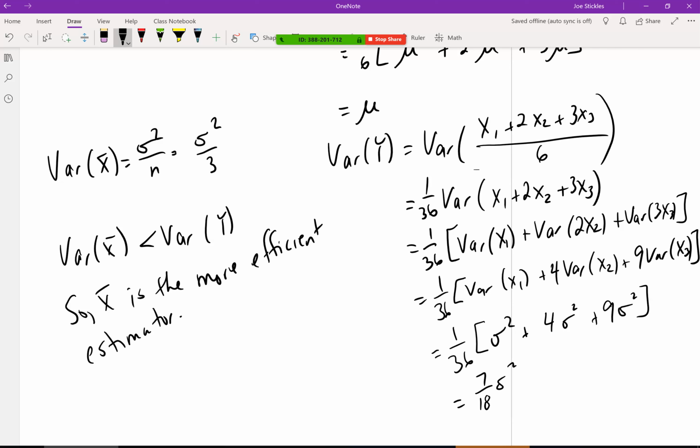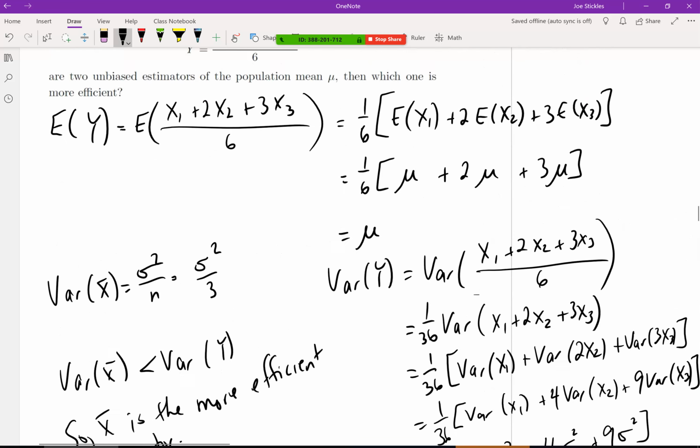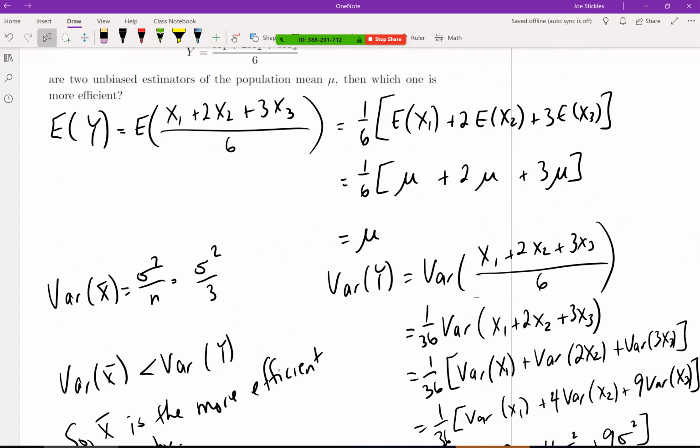Questions on that one at all? Dr. Joe, can you explain why you used the equation given in the problem for the expected value of x bar, but then the variance of y? For which part again? I'm sorry.